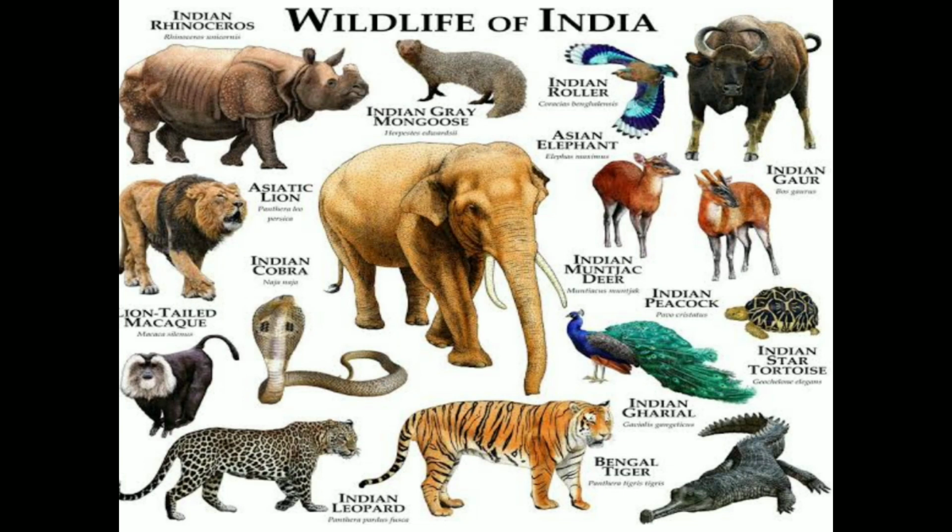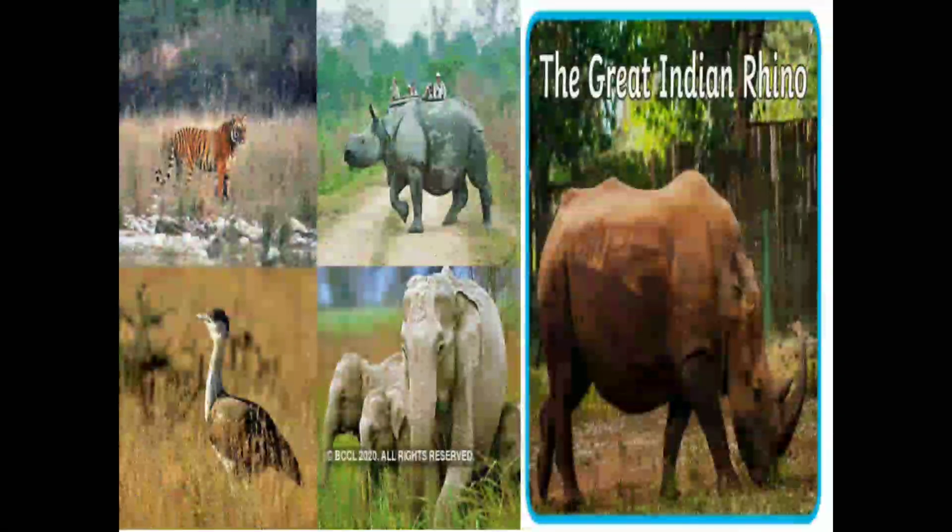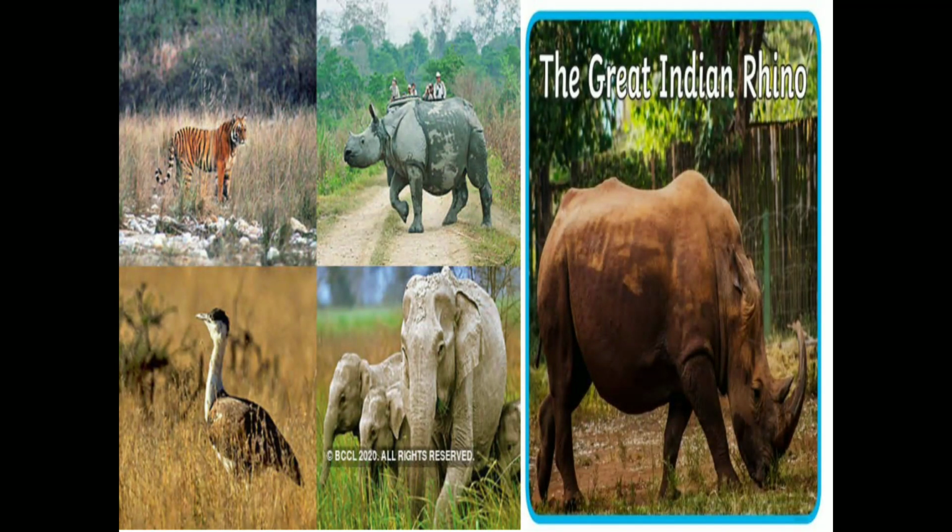We have the great Indian rhino, the Royal Bengal tiger, pelicans, giant animals like the elephant, and we also have the Asiatic lion in Gujarat. So you need to know this, this is on your page number 17.